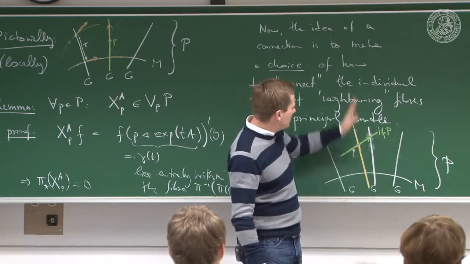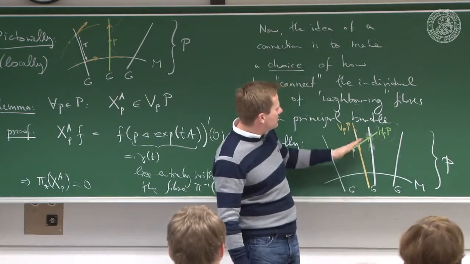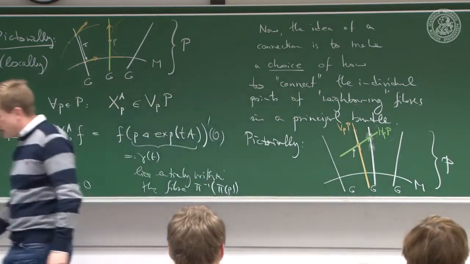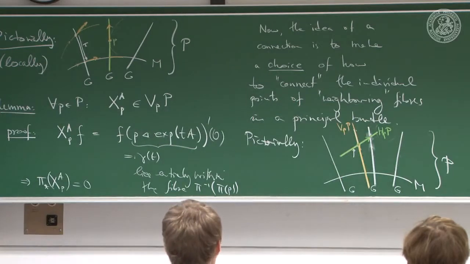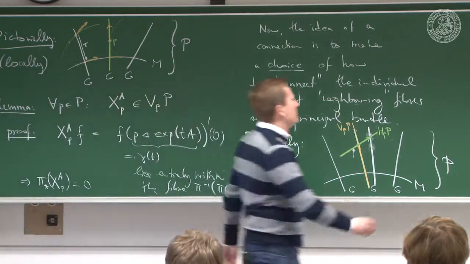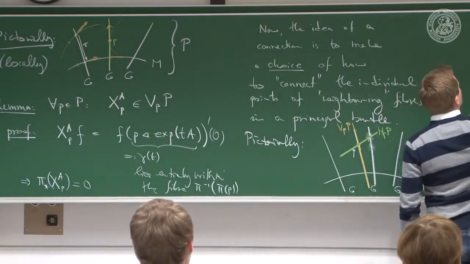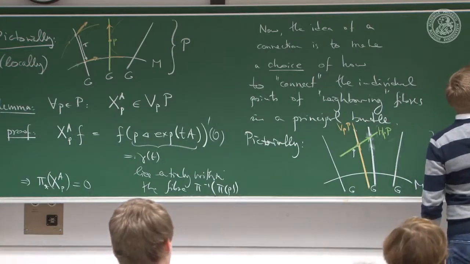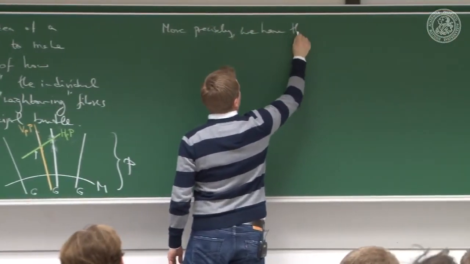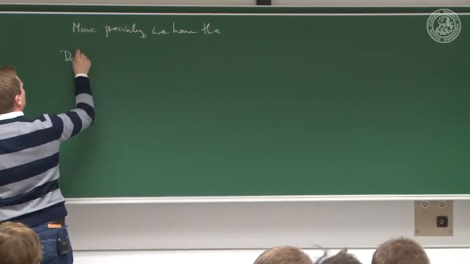But here, the only thing you need to realize is that we want to make such an identification, and we need to make a choice to achieve that. Now, so that's the idea. But now we can, of course, or we have to write this down as a formal definition. So more precisely, we have the definition.